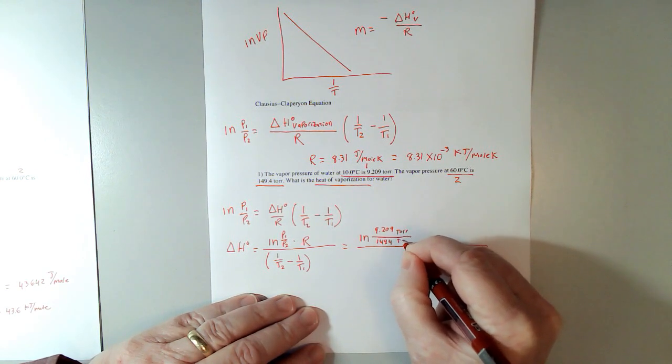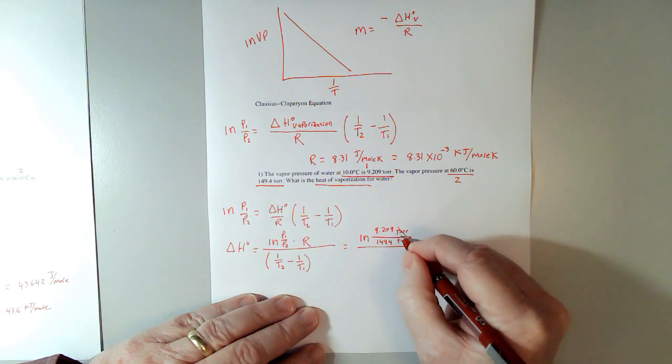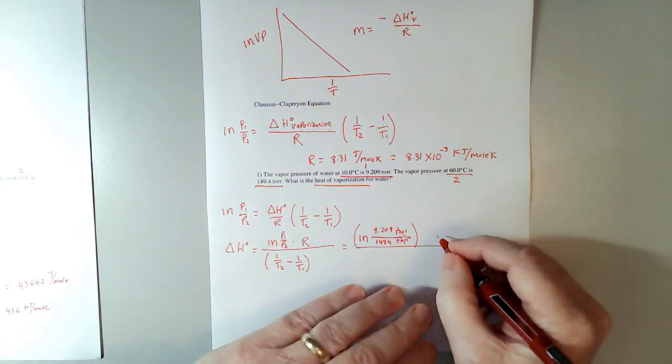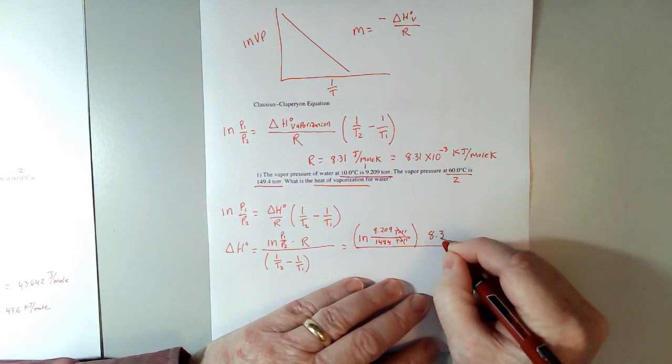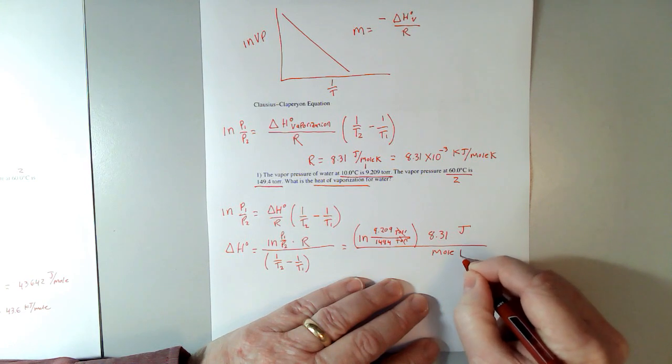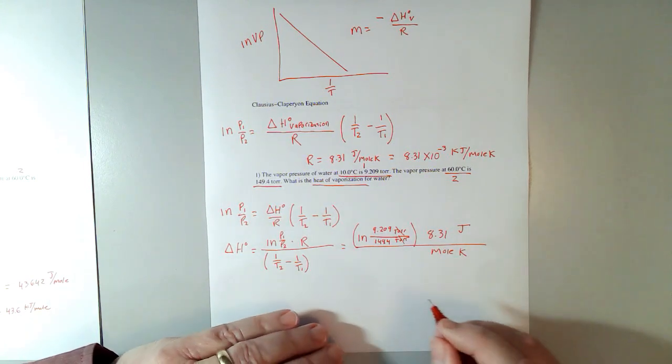When I divide, the torr is going to cancel. Put that in parentheses. Now here I'm going to have my 8.31 joules over mole Kelvin.